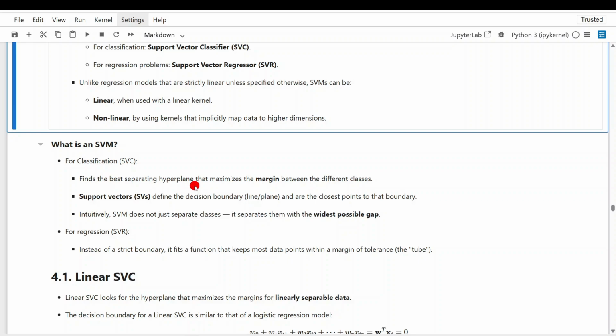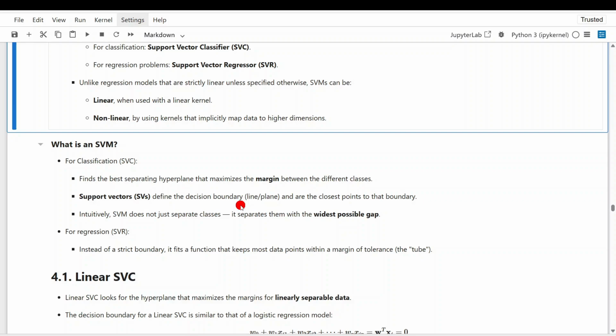And it actually depends on certain points which are called support vectors that define the decision boundary, or the separating hyperplane or separating line. And actually these points are the points that are closest to that boundary, or points that are misclassified.